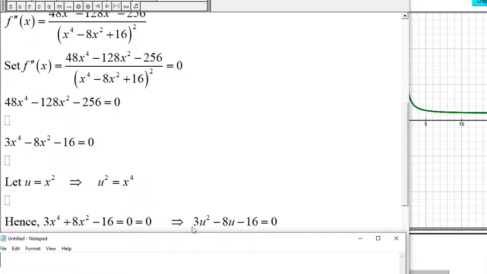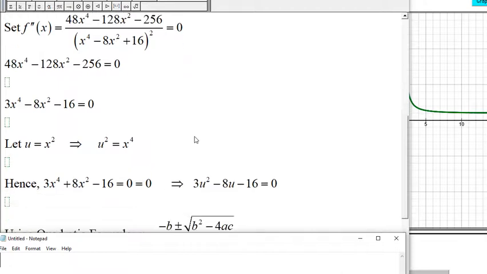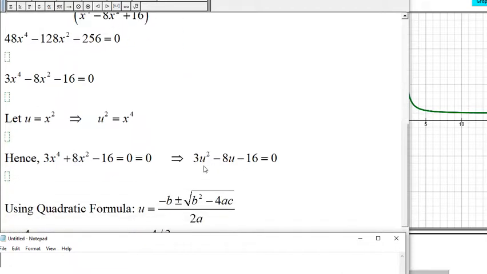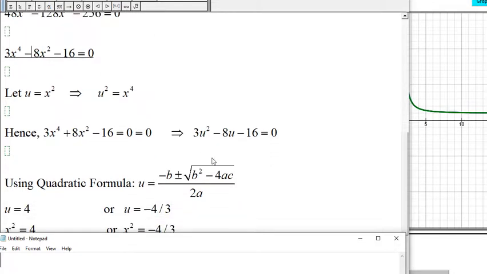Now we can use the quadratic formula to solve this equation right here. So a would be 3, b would be negative 8, c would be negative 16. Using the quadratic formula, we will get u to be 4, or u to be negative 4/3.